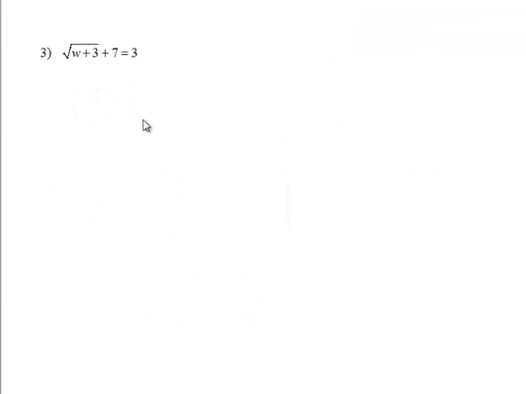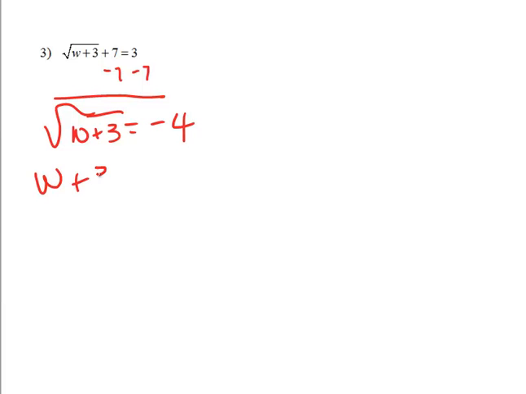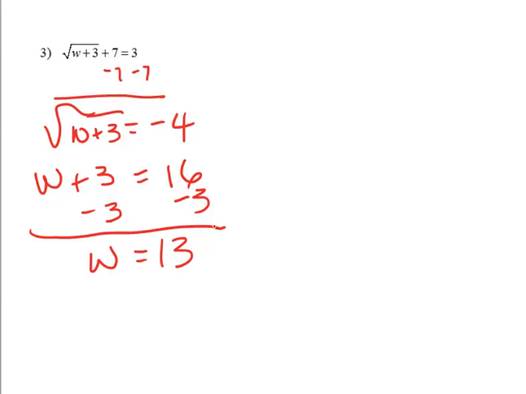One more. Okay, so we have a little cleaning up to do here. I'm going to subtract 7 from both sides, and I'll have the square root of w plus 3 equals negative 4. If I square both sides, I have w plus 3 equals 16. Now let's test it.